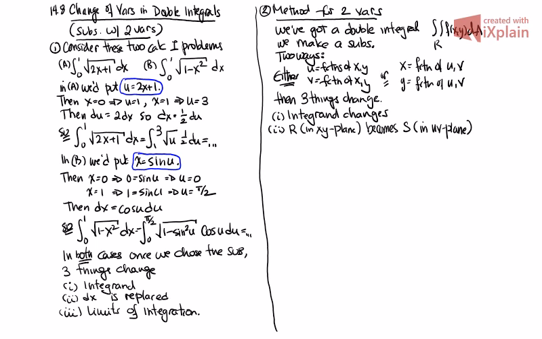And three, this is the tricky bit. It's not tricky to do, it's just sort of a bit odd. Is that the dA gets replaced by what's called the Jacobian of the substitution. I'll just say the Jacobian. Okay. And the Jacobian can be calculated one of two ways.